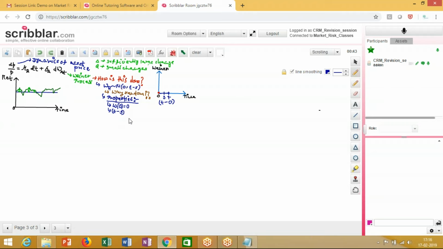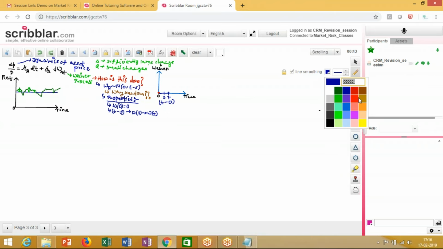So for this change over t minus s, any increment that happens, starting from Ws, whatever increments have happened from Ws to Wt, all the increments are normally distributed.